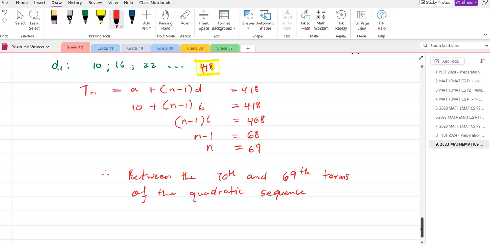In other words, you can write it like this: T70 minus T69 is equal to 418.